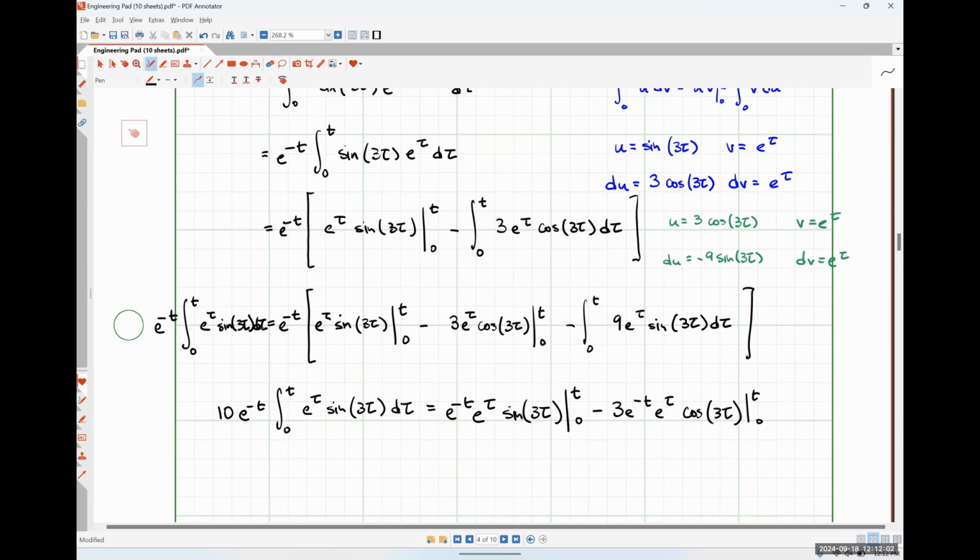So that equals this, still equal to that. I have minus 9 of that big ugly integral. So when I move it over to the other side, it gives me plus 10 of it. Thank you.